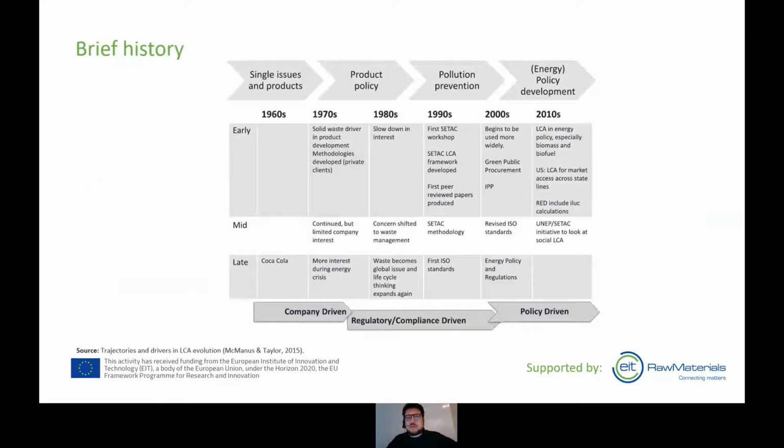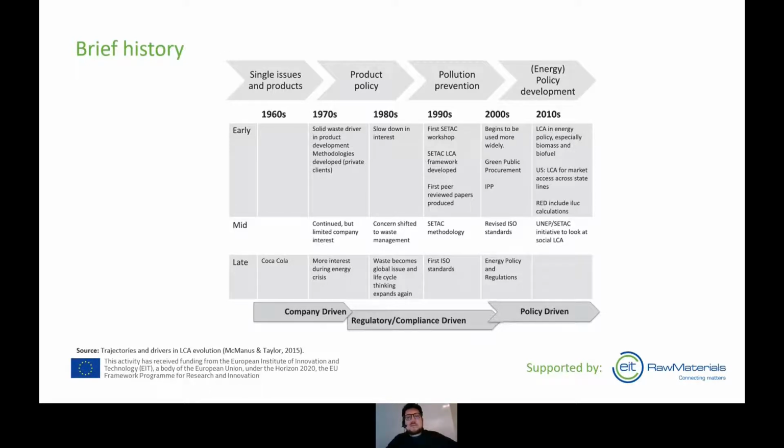Here I include a diagram of the evolution of this methodology. Nowadays, you probably hear a lot about environmental impacts. There are many people interested, in governments as well, or even people with a lot of power like Bill Gates, who recently published a book about climate change.